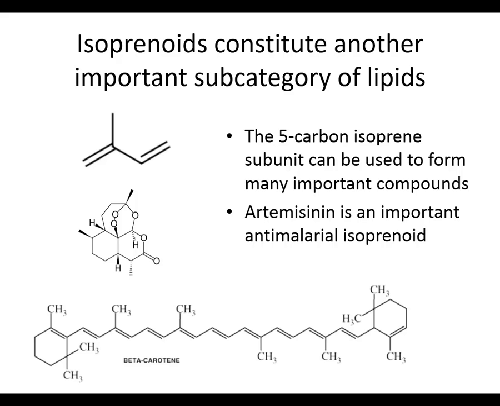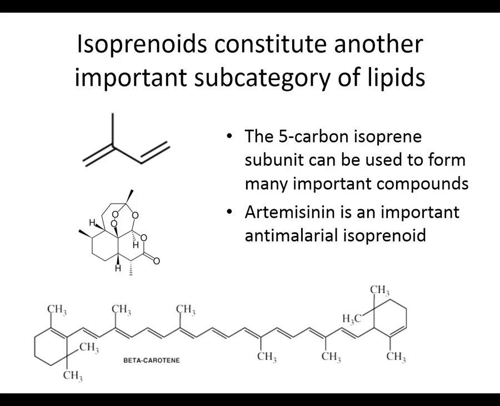Yeah? Does anyone see how the thing on the top, you get 1, 2, 3, 4, 5, 6, 7 or so of these, and you can make beta-carotene. Don't sweat it. This is not vital information. This is sort of an extra put in there.